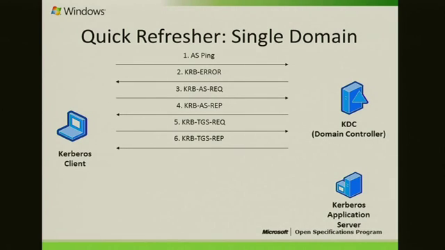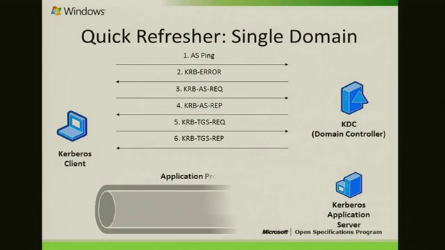Right? So the KDC just copies the PAC information out of the ticket, gives it to the Kerberos client. The one piece that a lot of people forget because they see the traditional diagram is that then the application protocol shows up, right? So these are all going to be TCP or UDP messages, right? Here, the application protocol gets what is often referred to as a token and passes that.